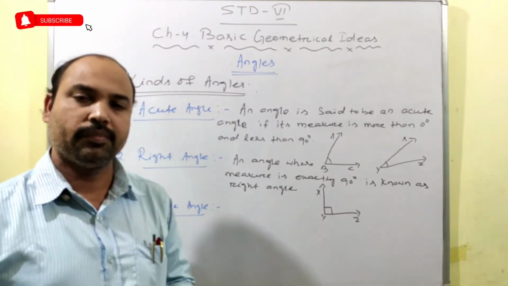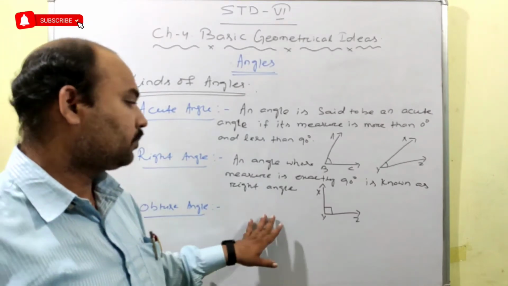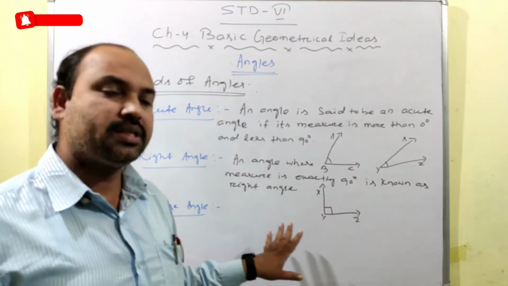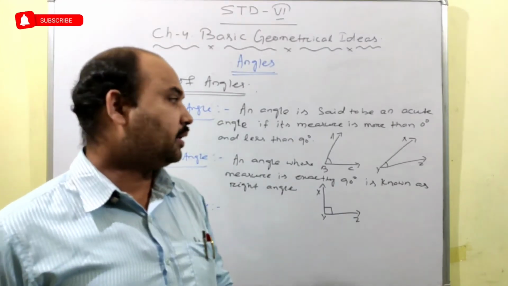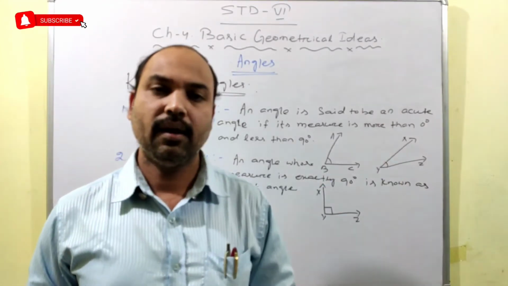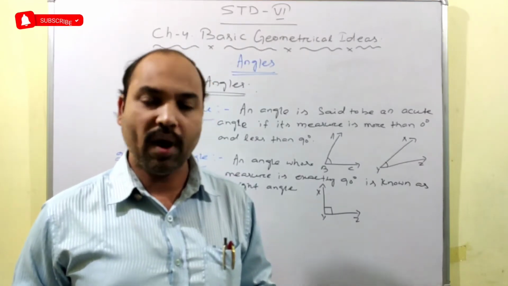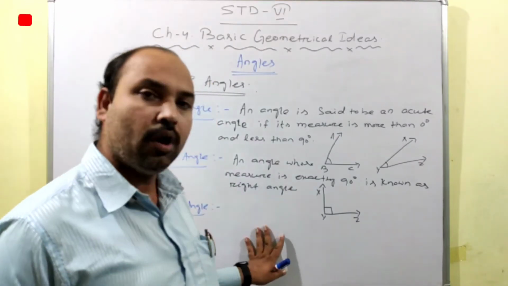Obtuse angle. So what is an obtuse angle? An angle is said to be an obtuse angle if its measurement is more than 90 degrees and less than 180 degrees.